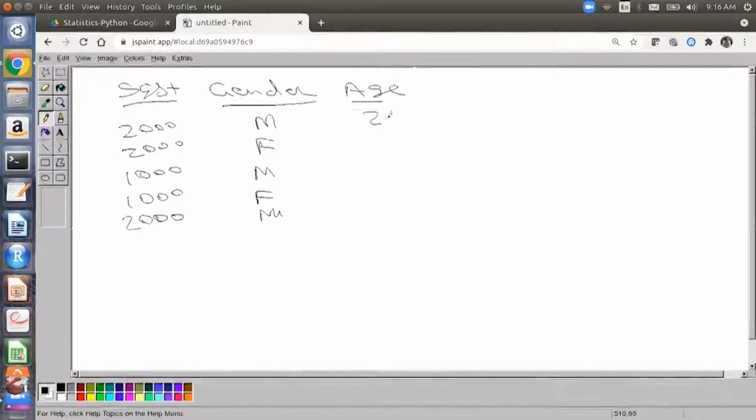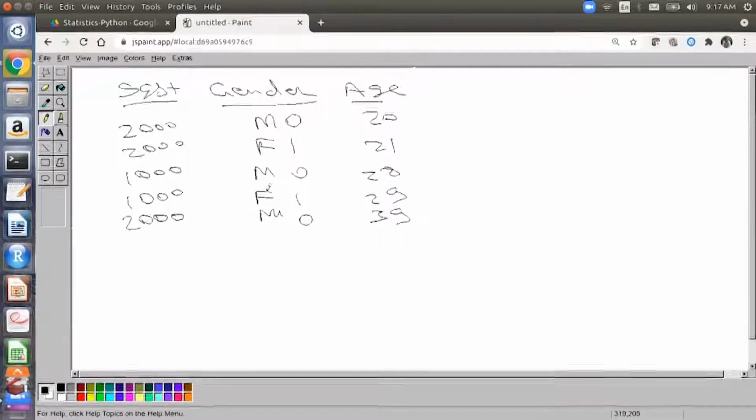Age is 20, 21, 28, 29, 39. Now this is a data set. Categorical variables, whenever you build models, you have to convert into numbers. So how can I convert this column into numbers? Maybe take male as 0 and female as 1: 0, 1, 0, 1, 0. Correct. Now it is also a number.